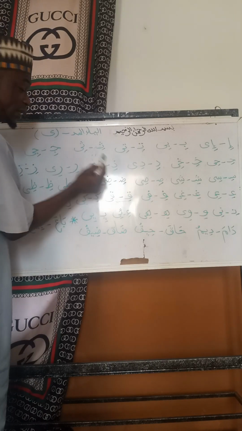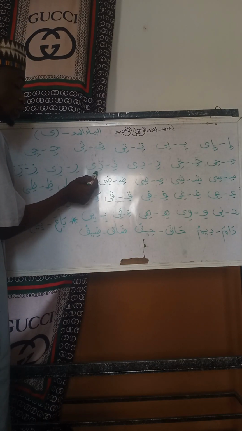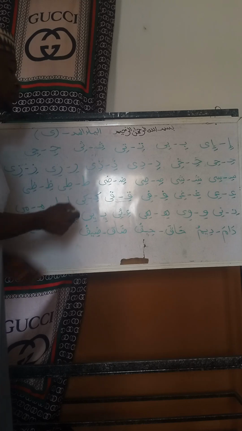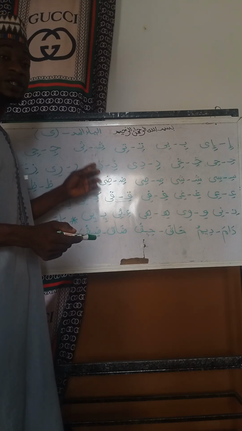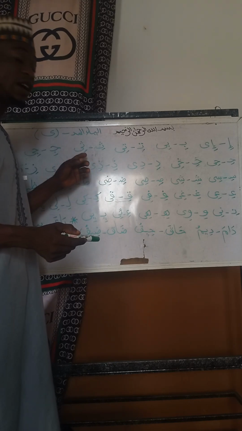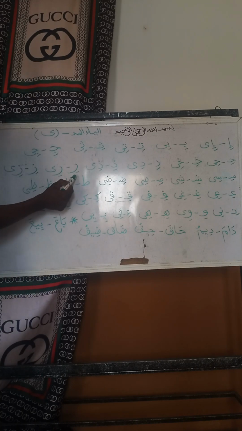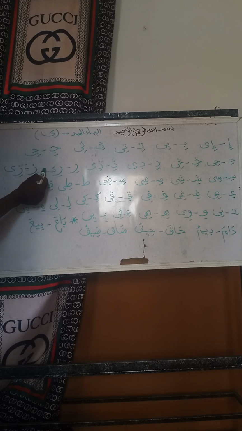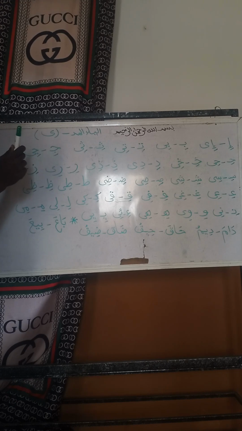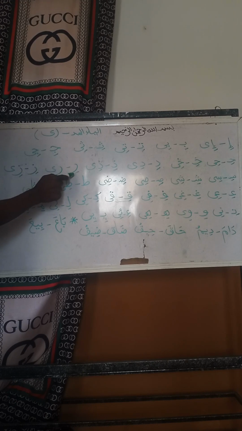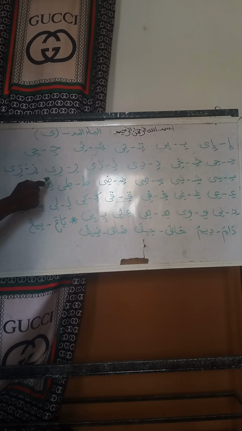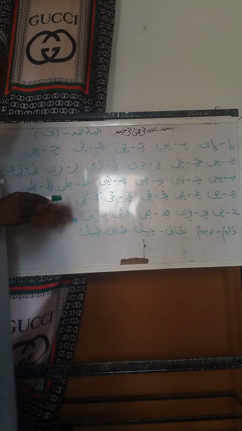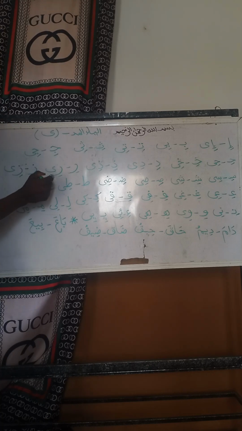This is D, and this will be prolonged in the count of two because there is Ya after the Dal. This is Re in one sound, and this will be prolonged, Re. This will not be prolonged, and this will be prolonged in the count of two, all because of the Ya that is after the alphabet Ra.